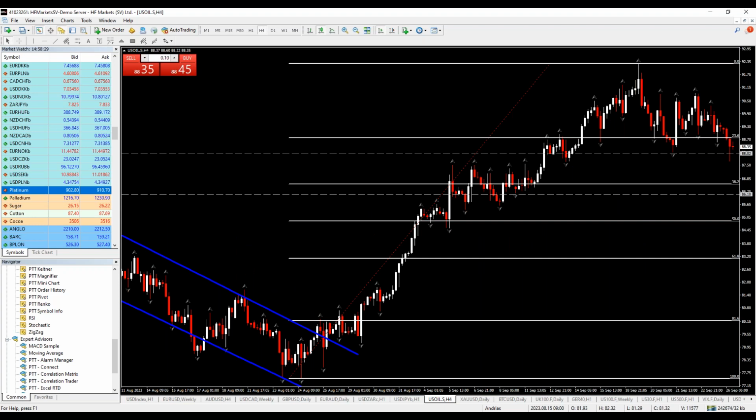Or this looks like the latest one. It looks like a Head and Shoulders: swing one, swing two on the top, swing three. Looks like a Head and Shoulders with this as a neckline.